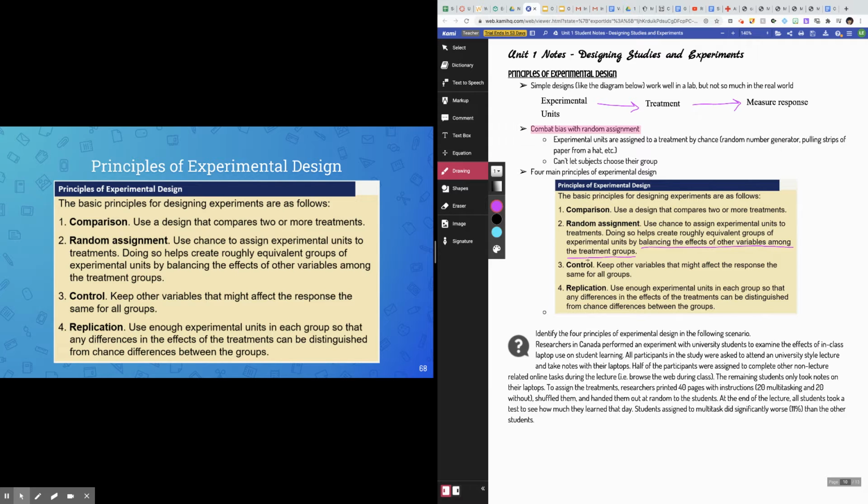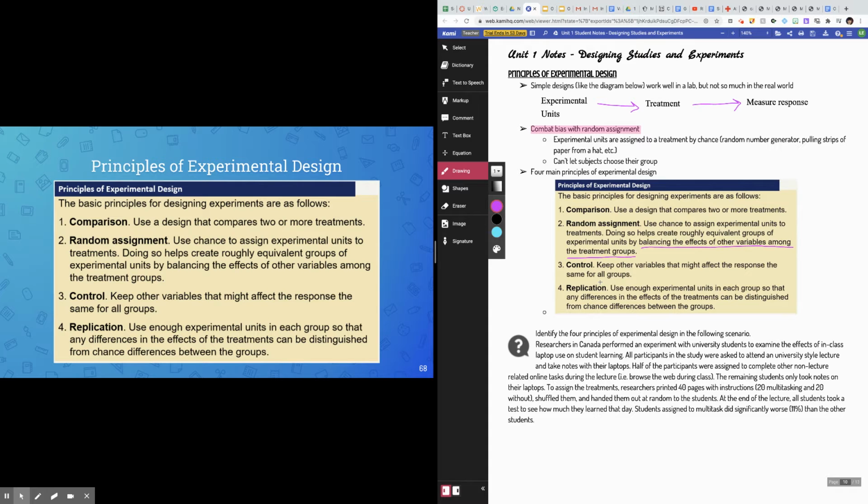Control here is not a noun, it's a verb. You are trying to control as many of the other variables that might affect your outcome as possible. And then the 4th principle is replication. If I just have 2 subjects, I assign one to one group and one to the other, and then I measure their responses, that doesn't do me much good because it's very possible that something else affected how they responded.